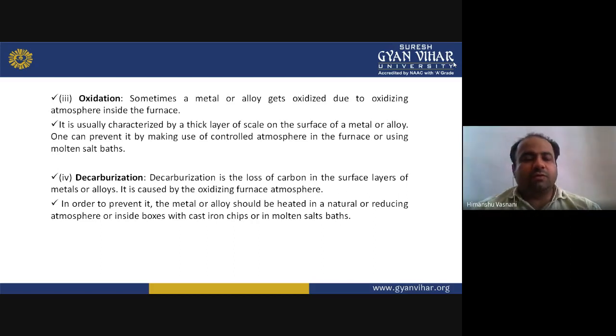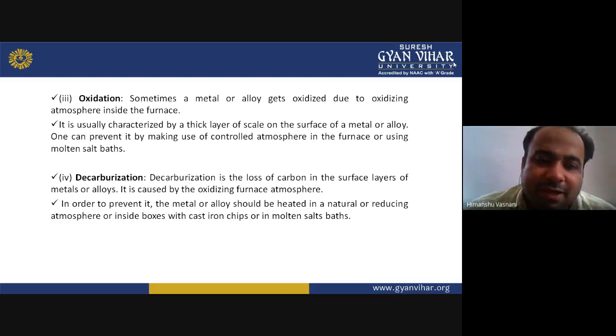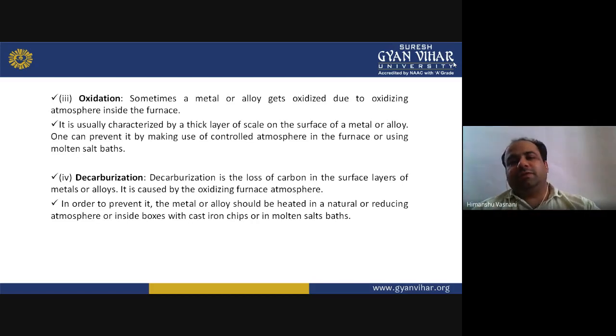In order to prevent it, the metal or alloy should be treated in a neutral or reducing atmosphere, or in boxes with cast iron chips, or in a molten salt bath. So the molten salt bath has its application for both kinds of defects. We can avoid the defects of oxidation and decarburization in a molten salt bath. So you can see how important they are.